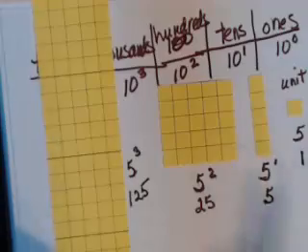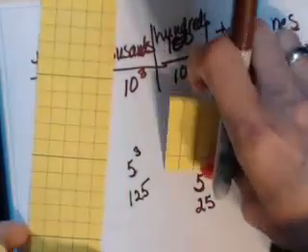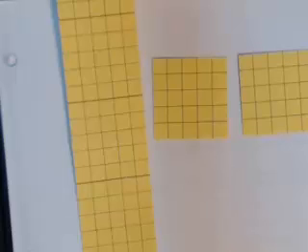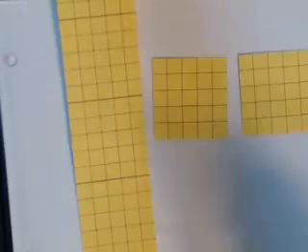So if I put together a number like this, and I ask you to write that number in base 5, I have no units.